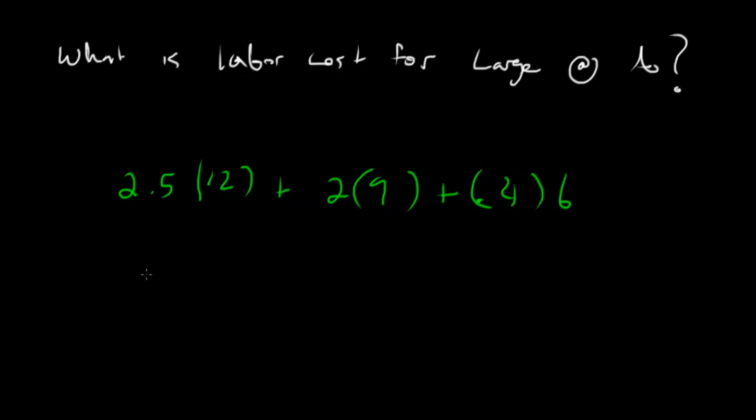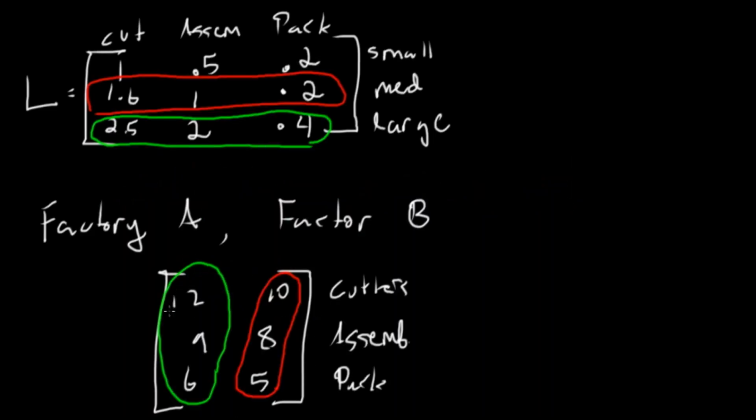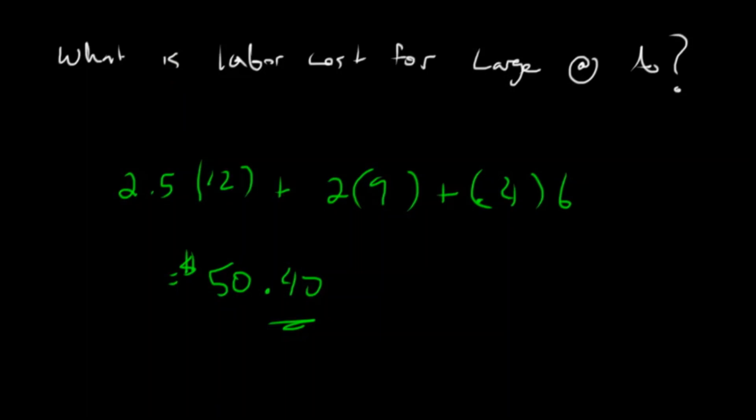And I'm just going to go ahead and pump this into a calculator. $50.40. All right, so once again, we did a very similar operation. Row, column, and we're getting good information. We're figuring out how much the labor costs for different scenarios is.